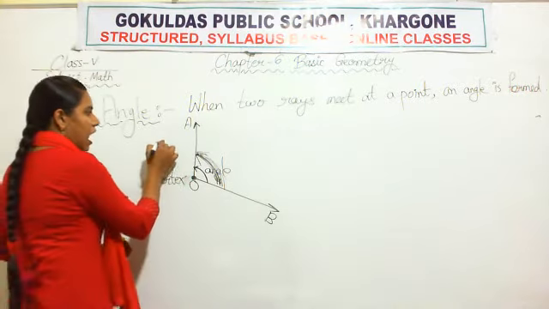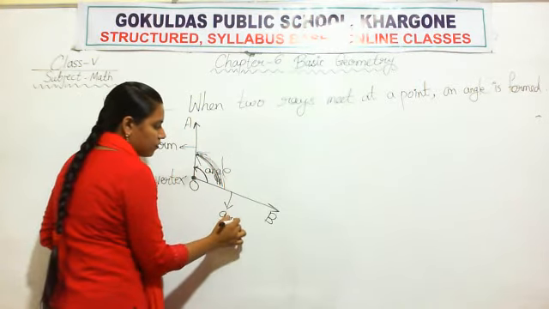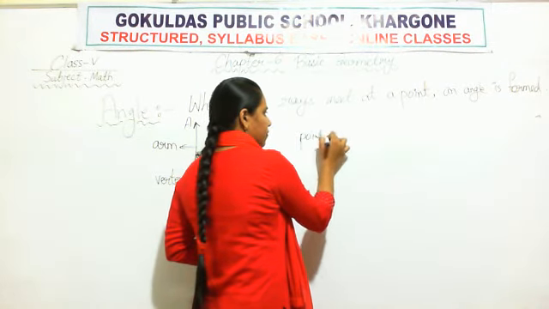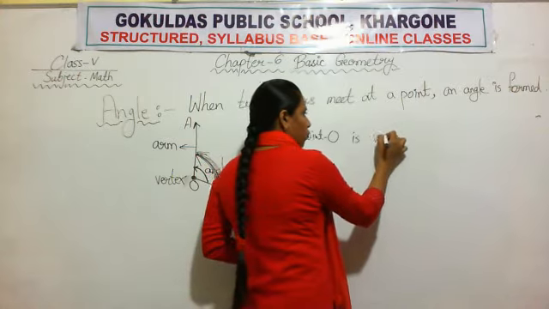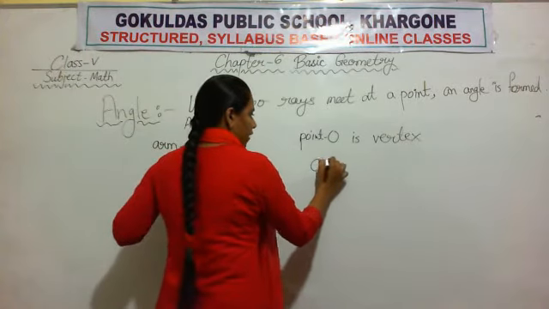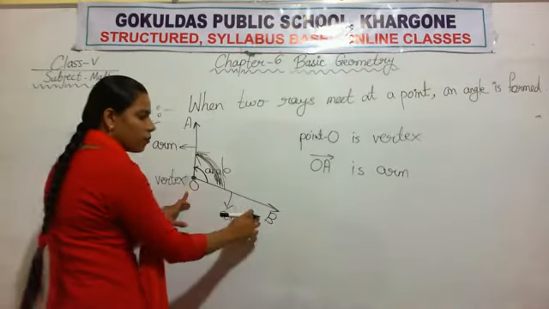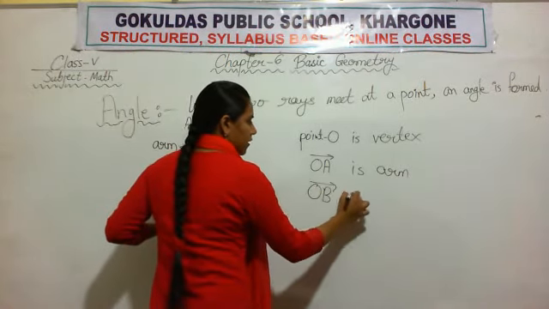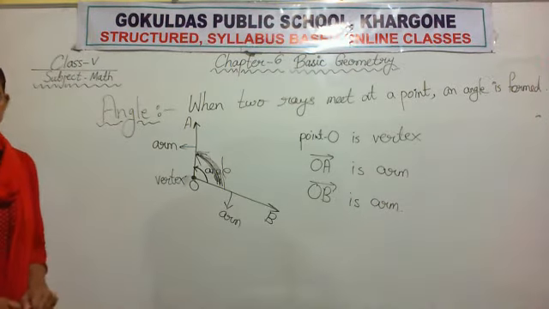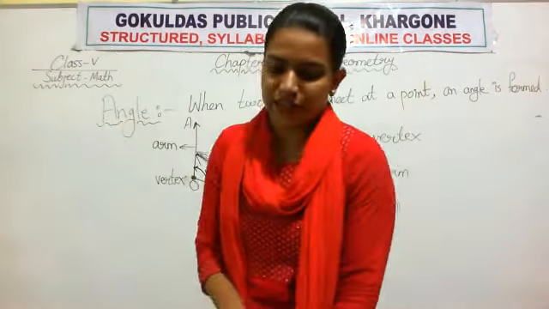OA here is known as arm, OB is known as arm, okay? So here point O is vertex, ray OA is arm, ray OB is arm, okay? So these were the terms related to angles, okay?